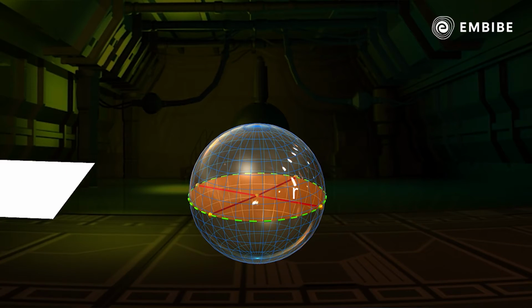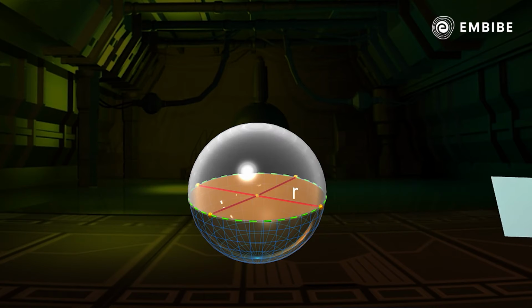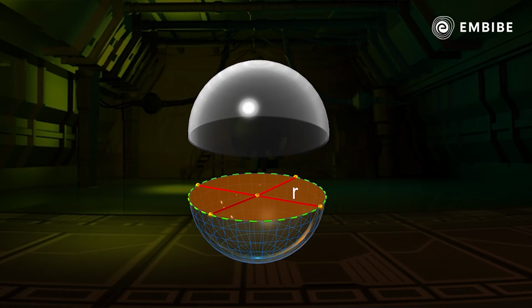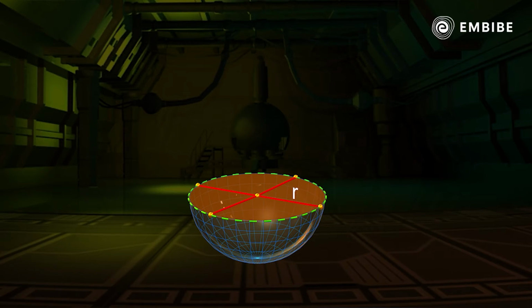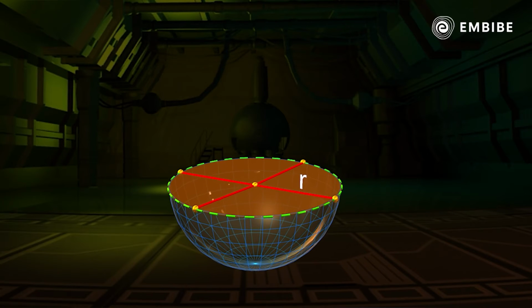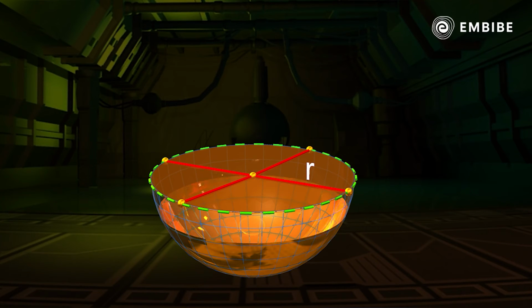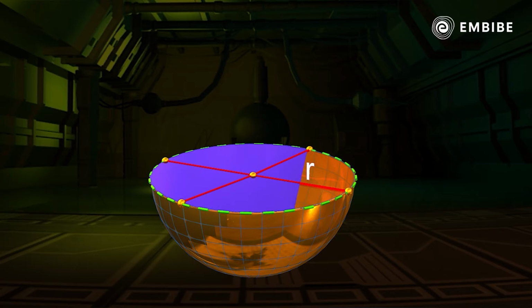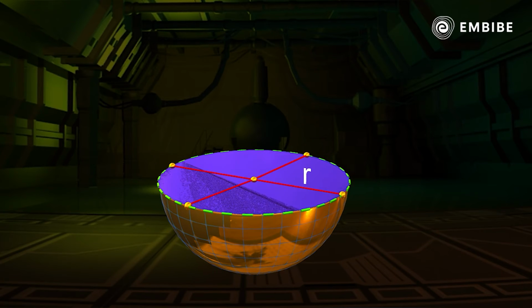A plane through the center of a sphere divides the sphere into two equal parts. Each part is called a hemisphere. A hemisphere has a curved surface and a circular plane surface as shown.